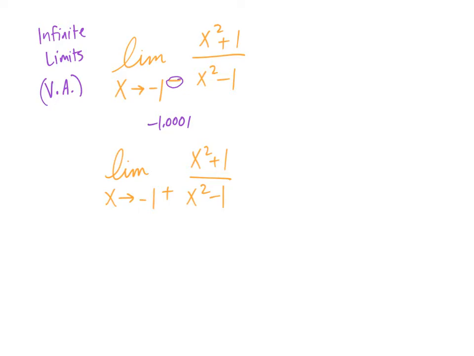If I substitute this number on top, -1.0001 squared, when I square that number, I get a number that's slightly bigger than 1. Very technical term. Slightly bigger than 1 plus 1 on top. On the bottom, I get a number that is slightly bigger than 1 minus 1.